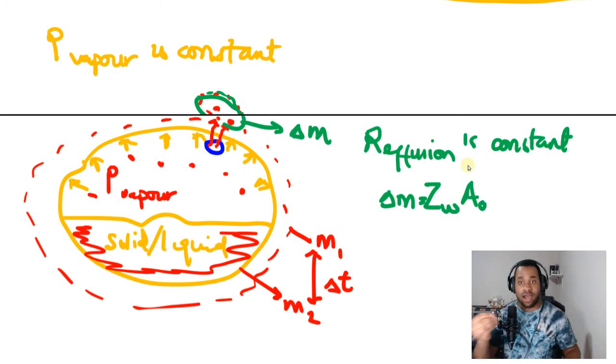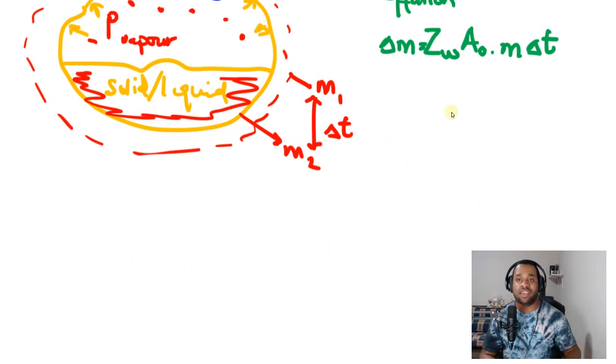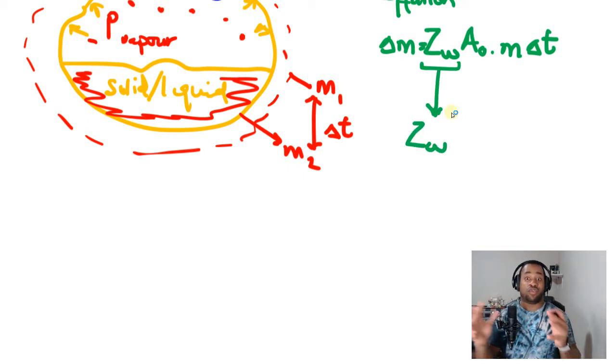That will lead to our rate of effusion, and this is multiplied by the mass of that one particle atom multiplied by the change in time. And so this is where we will be able to associate what we know of as ZW and connect it really well to the overall big picture of the rate of effusion.